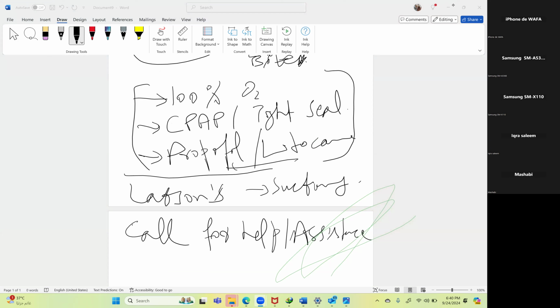Of course, not everything is appropriate in every patient, but these are the general drill which you will be doing. So call for help, 100% oxygen, CPAP, deepen the anesthesia either with propofol or lidocaine, because at that time inhalational anesthesia will not work, as there is airway obstruction.